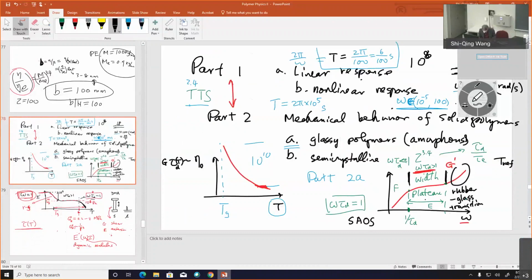And you may even recall how much the plateau modulus changes with temperature. Well, it is rho, gas constant, times temperature, divided by molecular weight, or if it's entangled, the entanglement molecular weight. And you can notice that there is a tiny bit of temperature dependence.